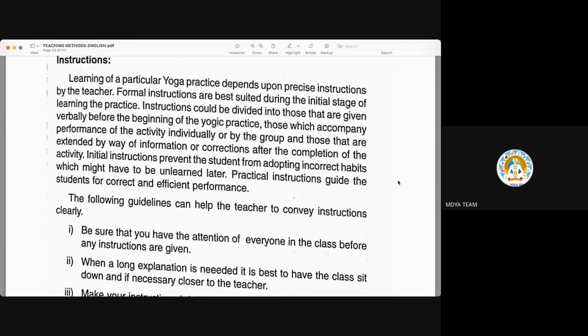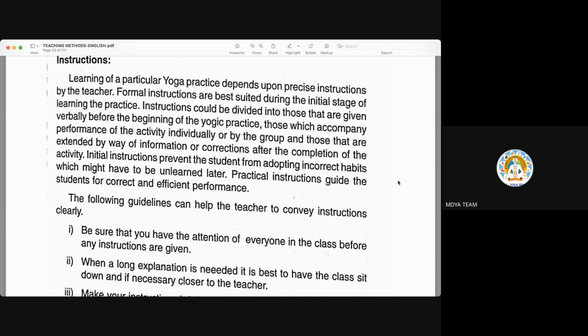Tadasana is one of the easiest asanas, but it has immense benefits if it is done properly, right?